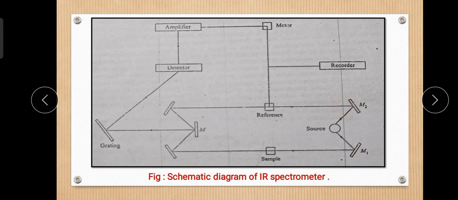One reflected beam passes through the reference and the second passes through the sample. After that, these two beams are focused on the chopper or movable mirror, and then given to the monochromator or grating. In this way the four optics will work.